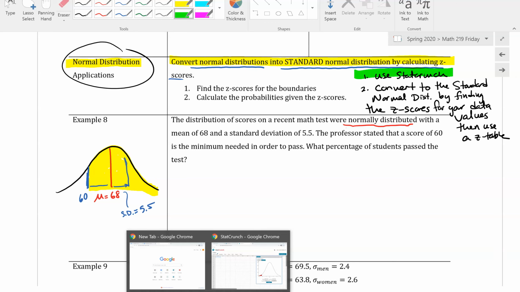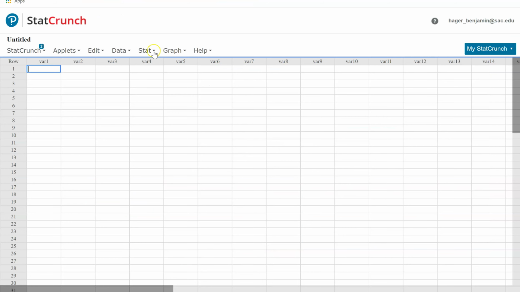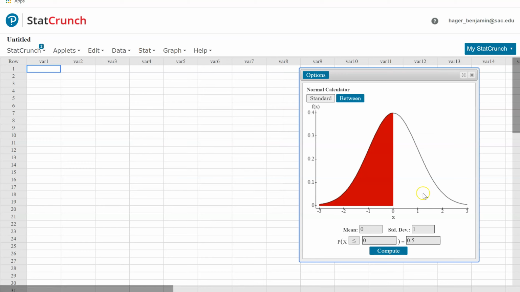So if I go to StatCrunch, and just to remind you, I'll close this out. Again, what you do is you go to Stat, Calculator, because we're calculating probability, find the type of distribution you're working with, which is normal. Tell it the mean you have.